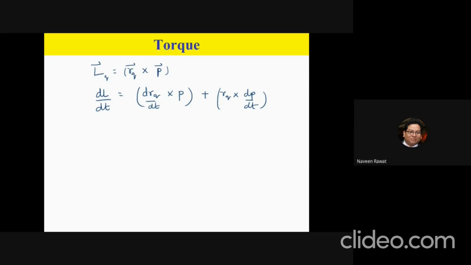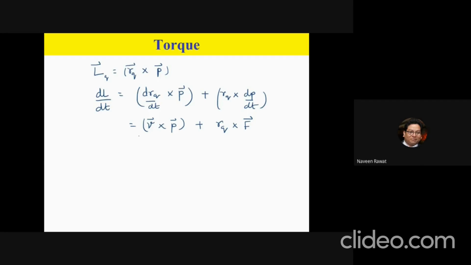Now if an object is moving, dr by dt is just your velocity, v. So you get v cross p as your first term, and the second term is r times dp by dt, and dp by dt is nothing but force. Change in momentum is the force that is applied.